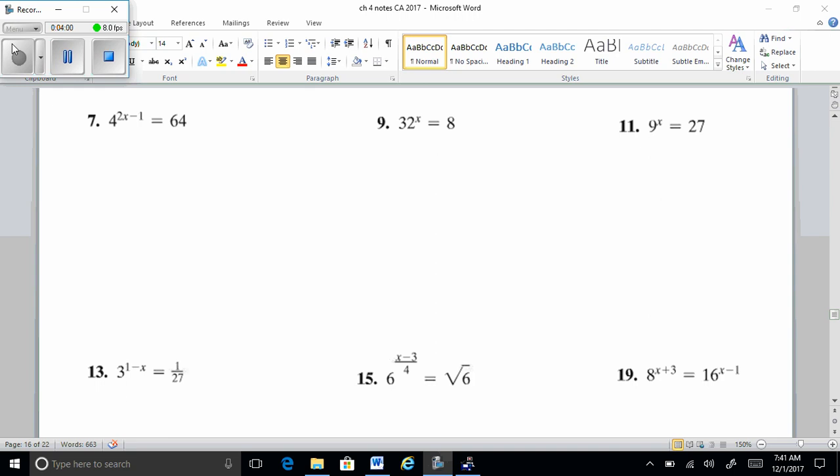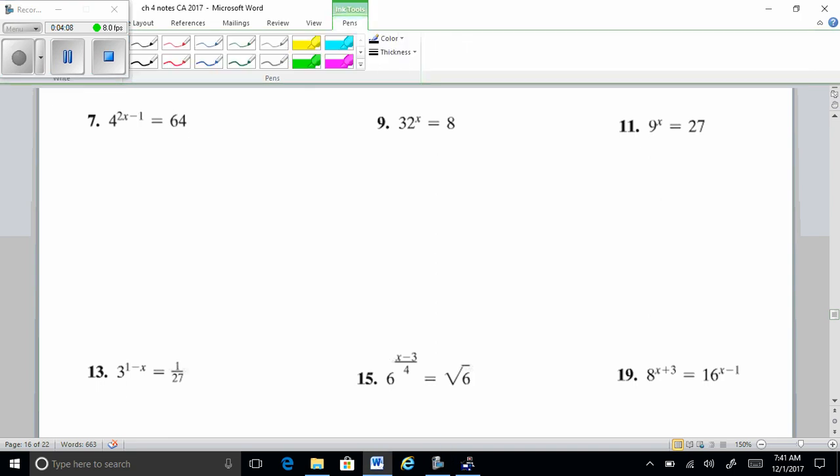Okay, picking up off of number 7. Just like the last one we just solved, we're going to look at 64. That'd be 4 times 4, which gives you 16. Then if you multiply by 4 again, that's 64. So it took 3 multiples of 4. That'd be 4 to the third power equals 4 raised to 2x minus 1.